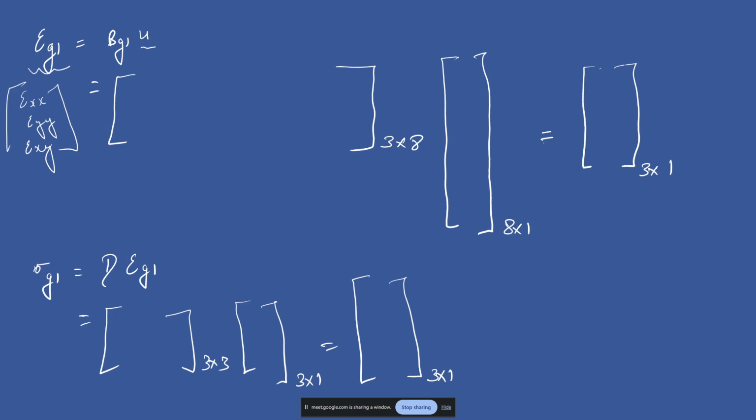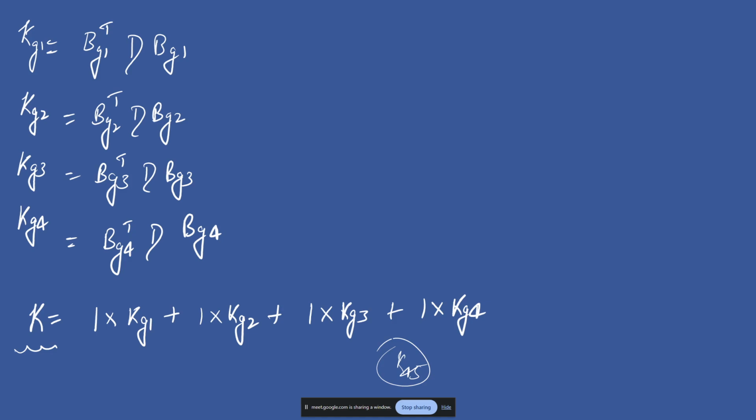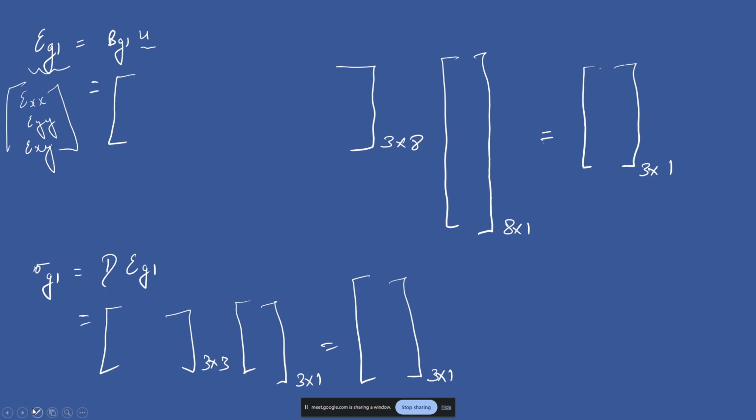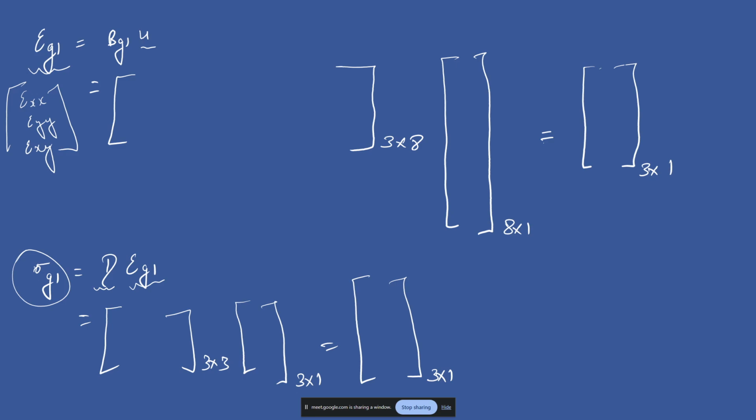So once you get this by multiplying the constitutive model matrix with the strain tensor matrix, you will get your stress tensor. So once you are multiplying your constitutive model matrix with the strain tensor, you can get what is sigma g.